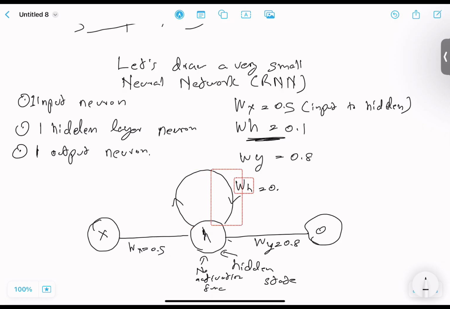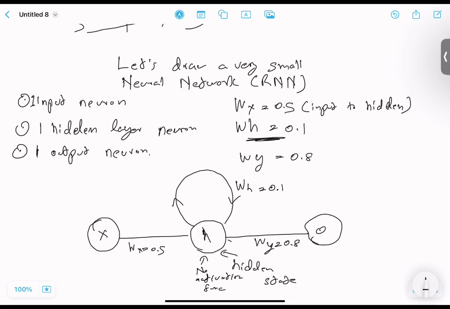Let's assume the weight of the hidden state is 0.1. Whenever a new value is passed, it will go through this, and also through this hidden weight, and after that it will go through the weight y.